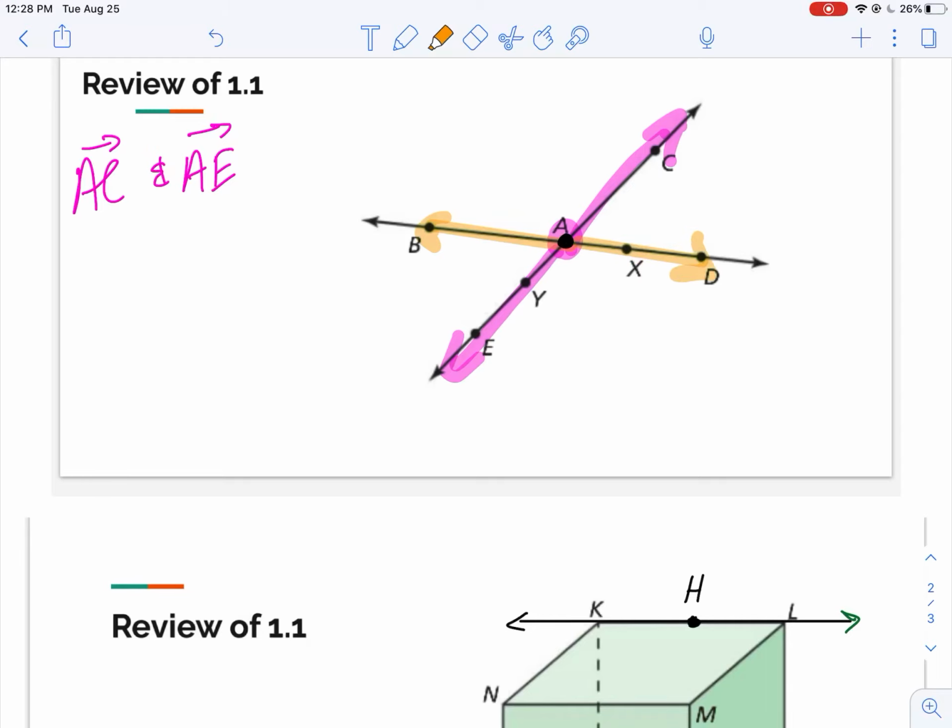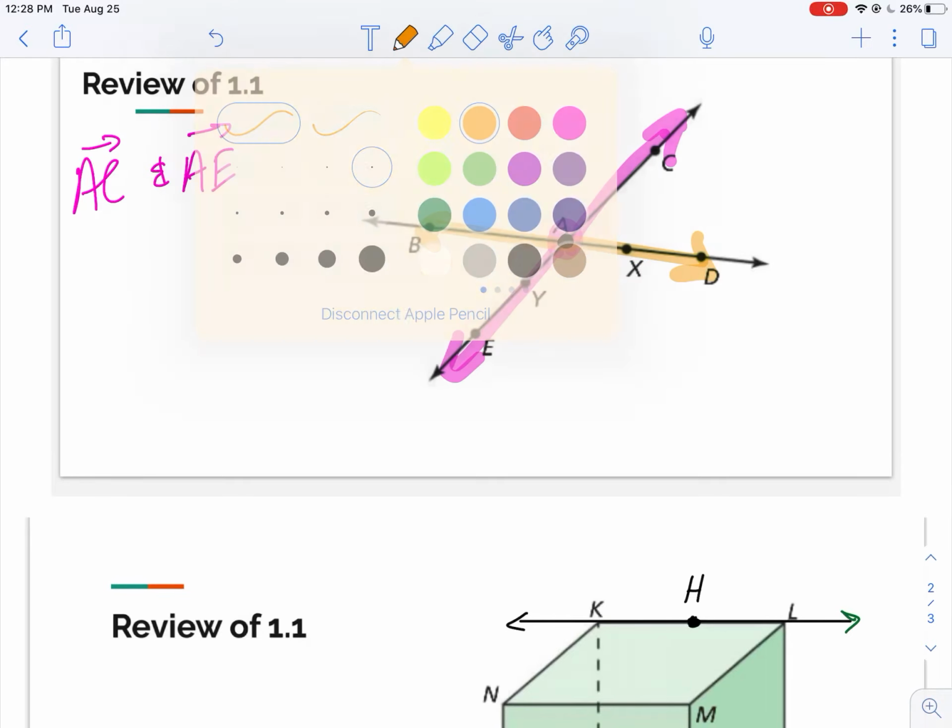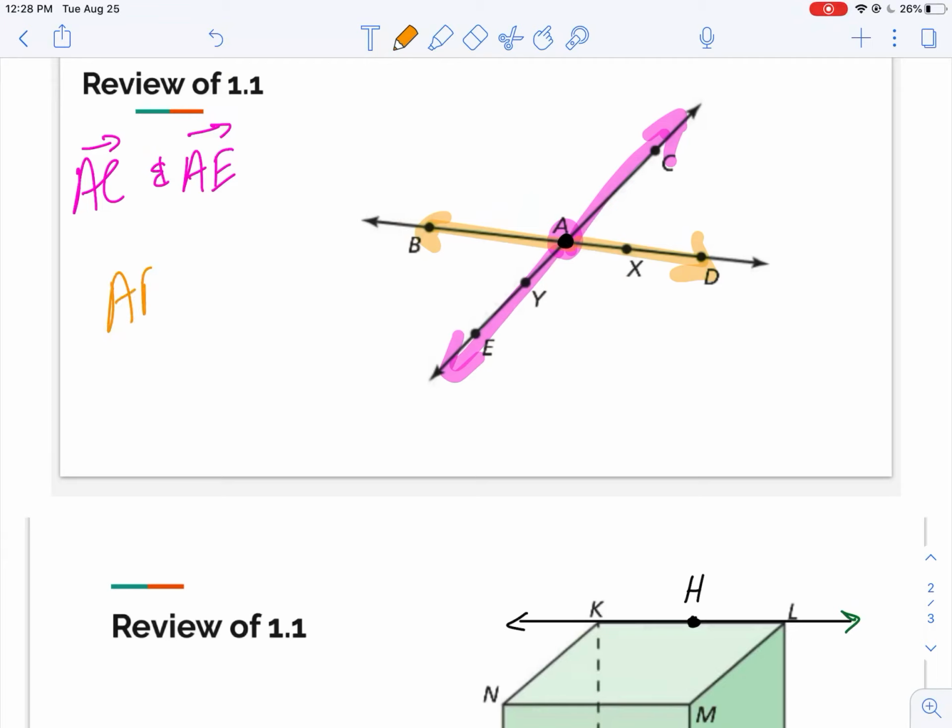There'd be another set of opposite rays, again, because they go from the same center point to completely opposite directions. They form that straight line in opposite directions.